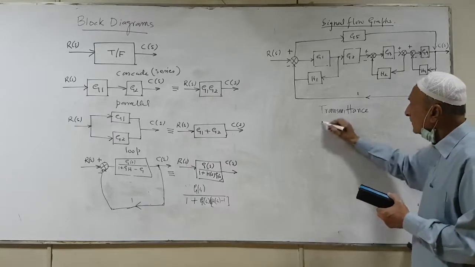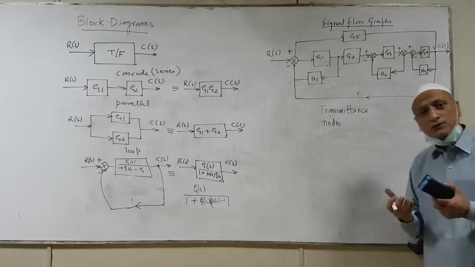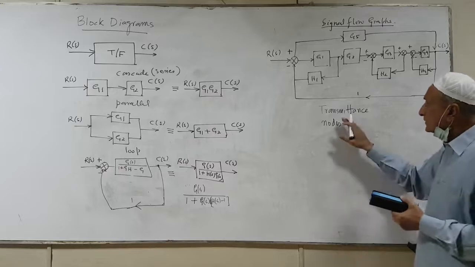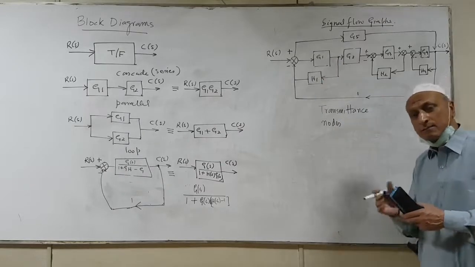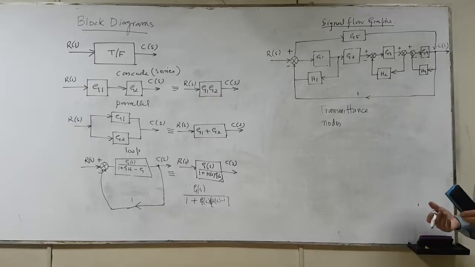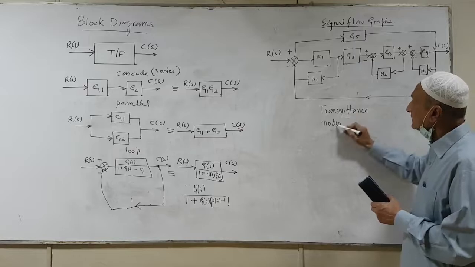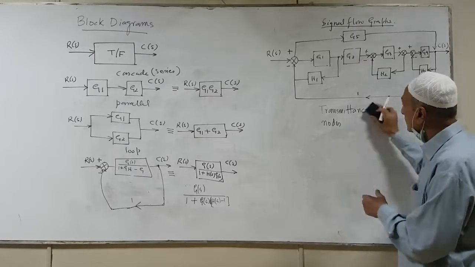And then we go for nodes. Nodes are some sort of junction points anyhow, as in circuit analysis. Now, first of all, each of these blocks is supposed to be replaced by a transmittance. And then each junction point is represented by a node. Now let's do it.